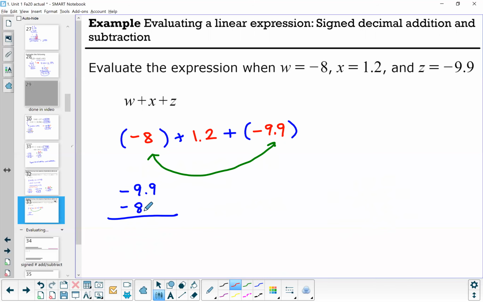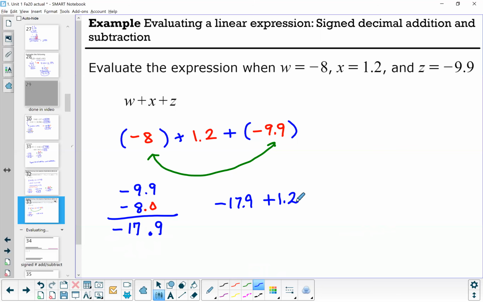Okay, if it's helpful, you can put your placeholder of a 0.0 next to the 8. So we're adding 9 plus 0 is 9. Bring down the decimal point. 9 plus 8, 17. And it's negative. So we're left with negative 17.9 when we combine all our negative numbers plus 1.2.